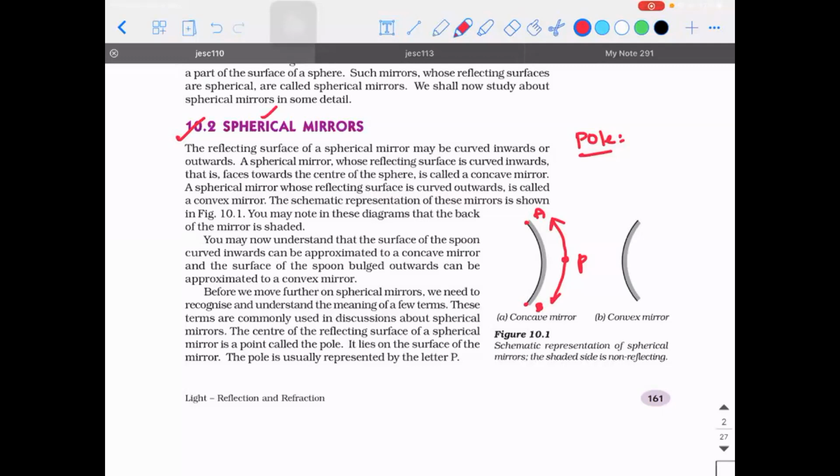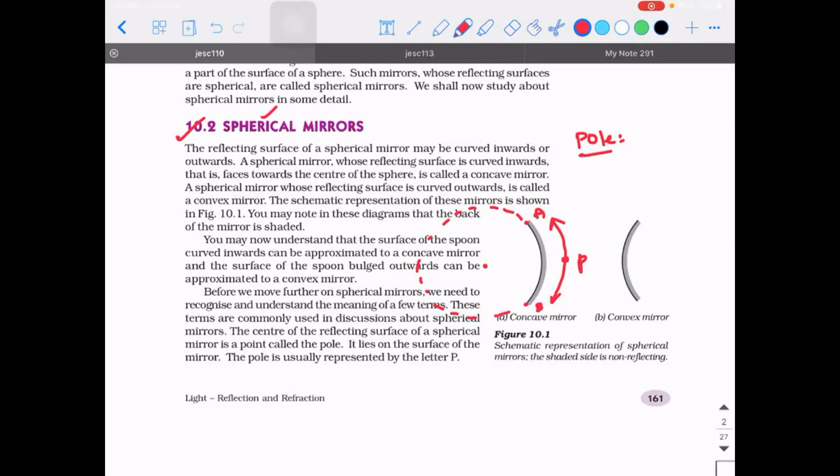The center of curvature is the center of the sphere from which this mirror is actually taken out. So the center of curvature will be somewhere over here. It will not lie on the mirror, whereas the pole will lie only on the mirror.